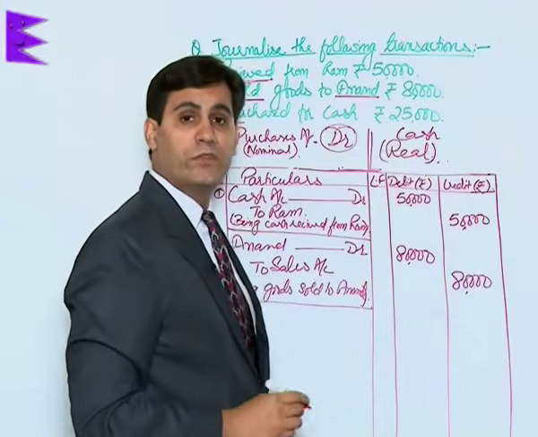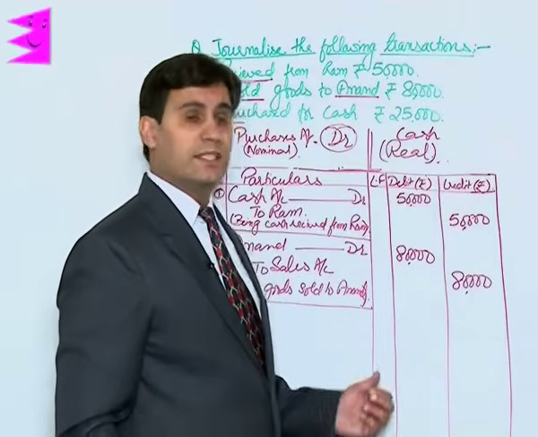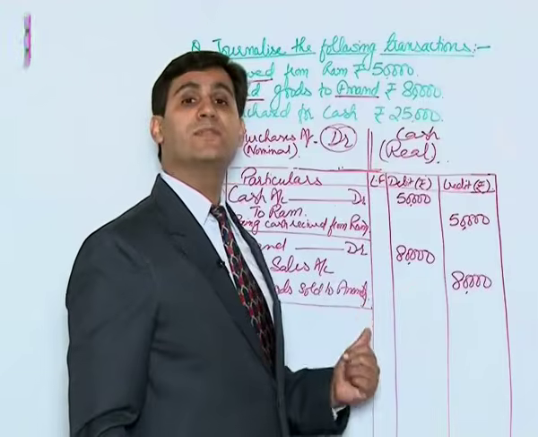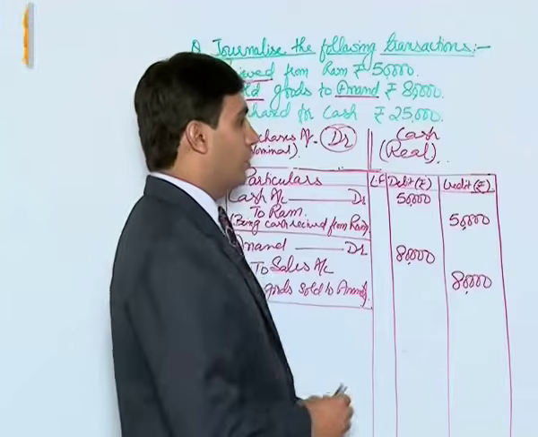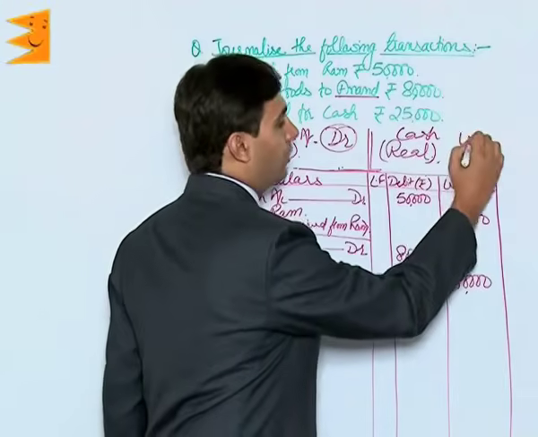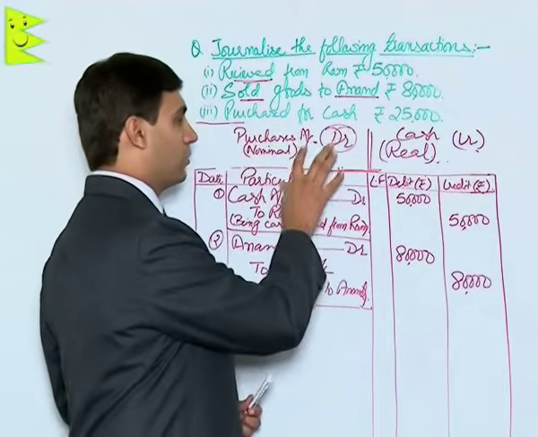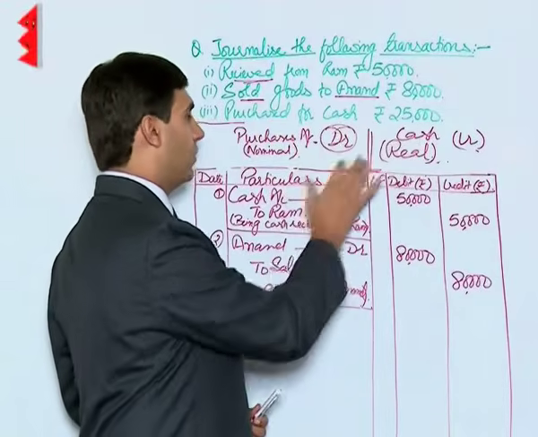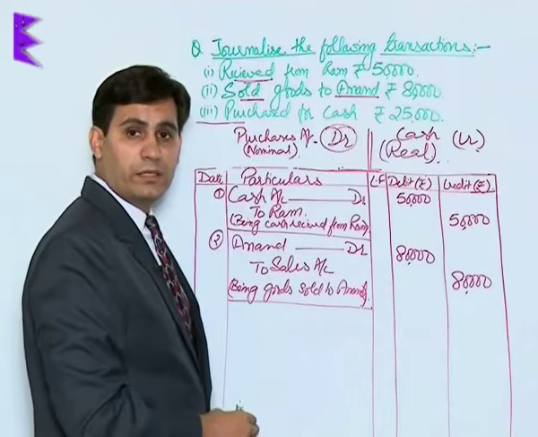And as per the rules of real account, debit what comes in, credit what goes out. Since we are purchasing, that means we are paying cash. That is, cash is going out. So according to rule, credit what goes out. So now it is clear that both the accounts, purchases and cash, out of these two, purchases would be debited and cash would be credited.